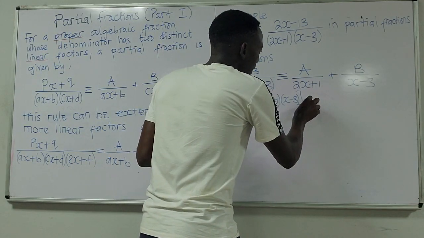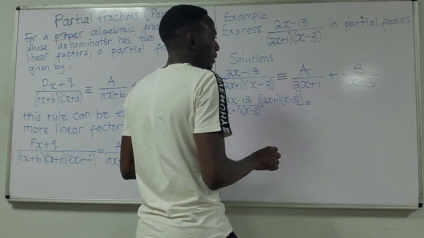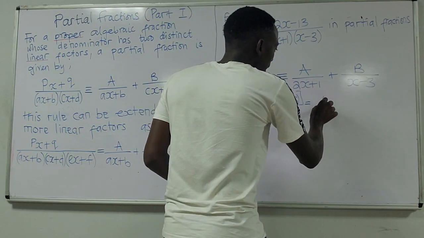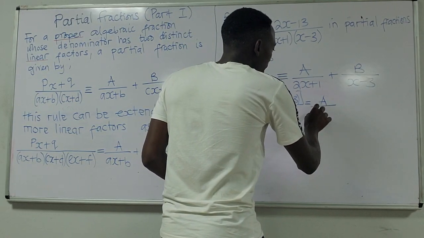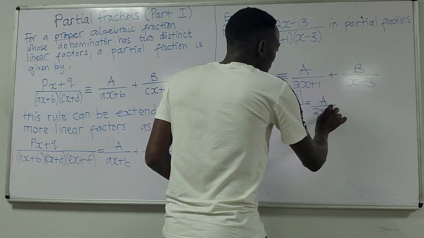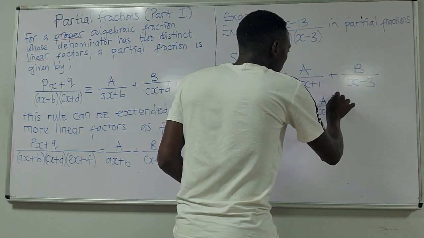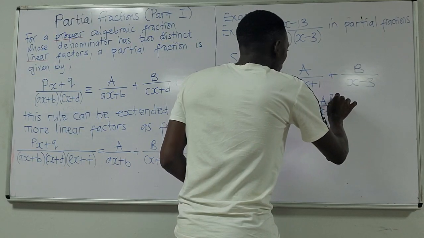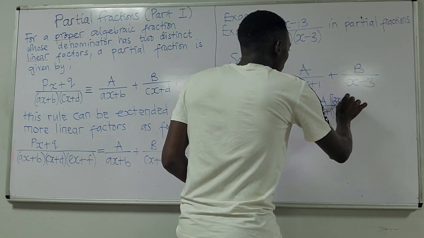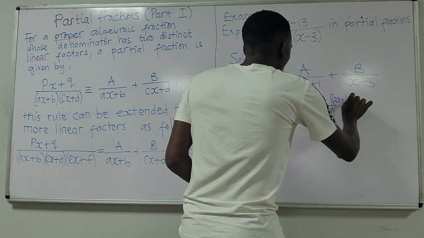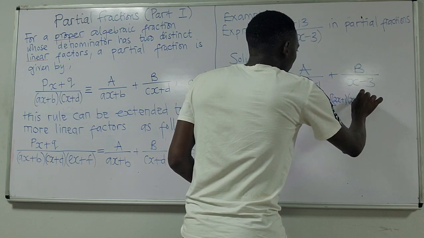And this now is equal to, because now we are working out a divided by 2x plus 1 multiplied by 2x minus 1, x minus 3.